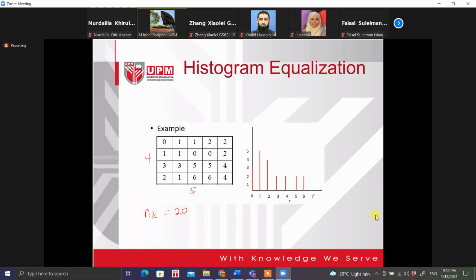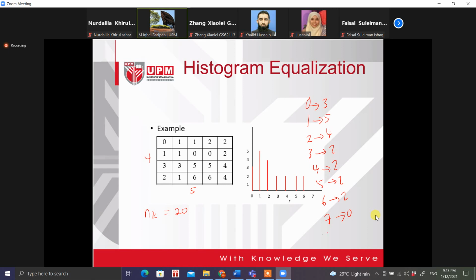If you want to calculate this manually, 0 appears 1, 2, 3 times, 1 appears 5 times, 2 appears 4 times, 3 appears 2 times, 4 appears 2 times, 5 appears 2 times, 6 appears 2 times, and 7 appears 0 times.